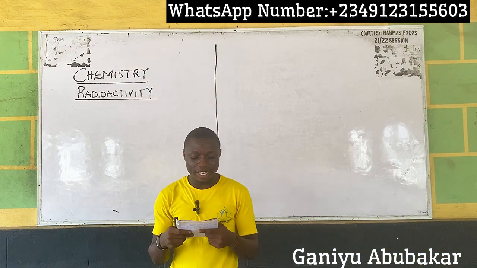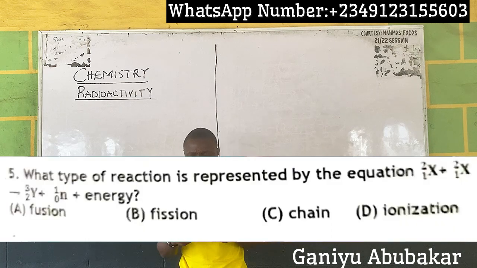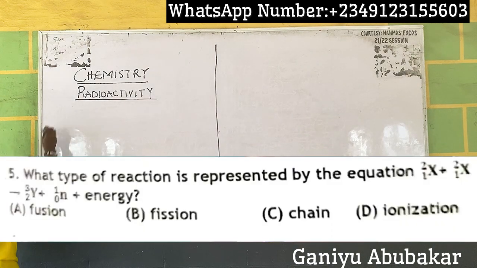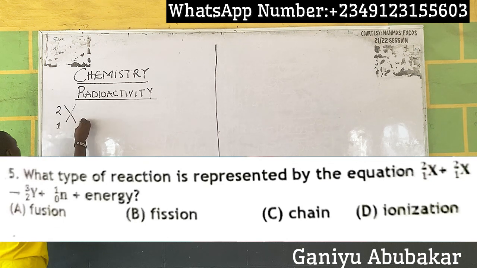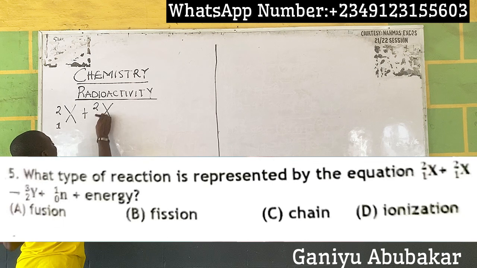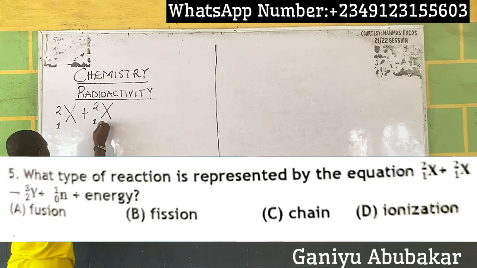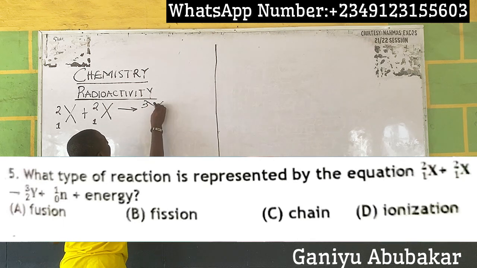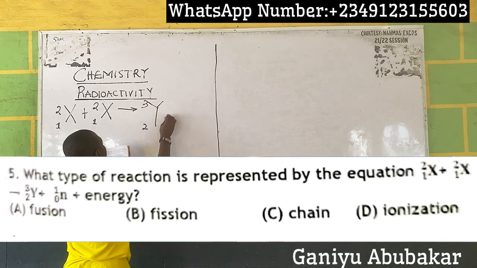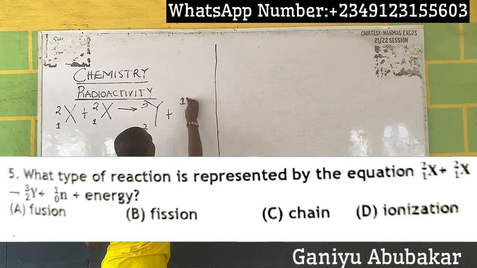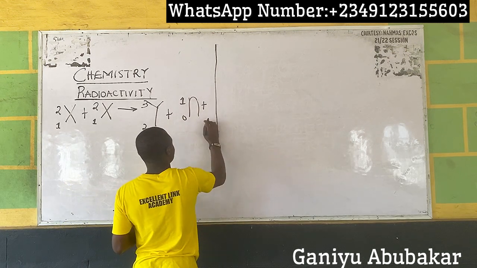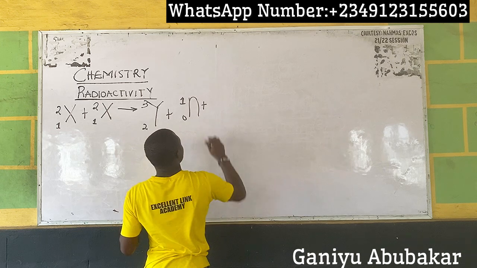Let's do number 3. It says, what type of reaction is expressed by the equation? So I have the equation: X with 1, plus X with 1, undergo, this is 3, Y with 2, plus N with 1 and 0, plus energy.